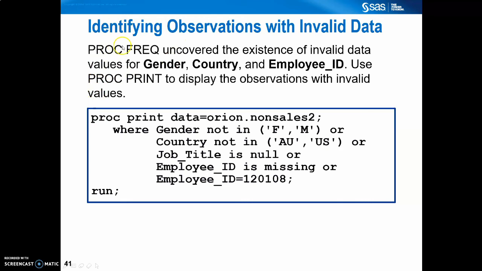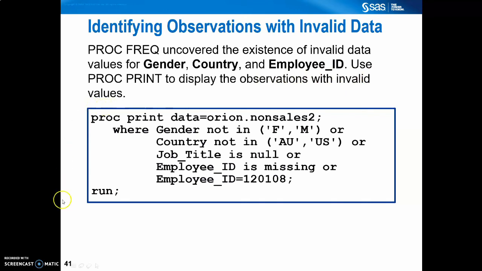As we discussed in the previous topics on PROC FREQ, PROC FREQ uncovered the existence of invalid data values for gender, country, and employee_ID. Therefore, we can use PROC PRINT to display the observations with invalid values.